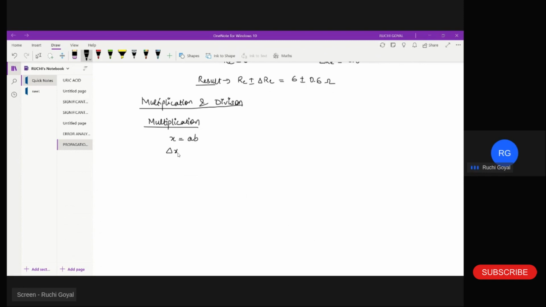So what will be the delta x? We have to find this in the errors. For multiplication and division, we find the errors like this. Delta x by x will be equal to delta a by a plus delta b by b. This is the formula for finding the errors. So how can you write the result here? Delta x will be equal to delta a by a plus delta b by b, multiplied by x. This is the result for multiplication.